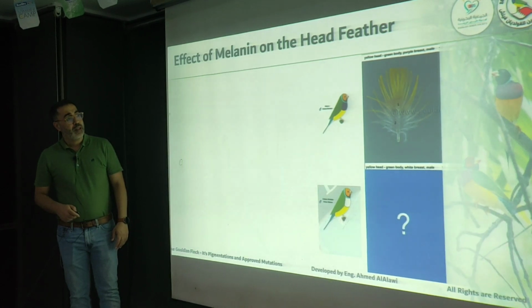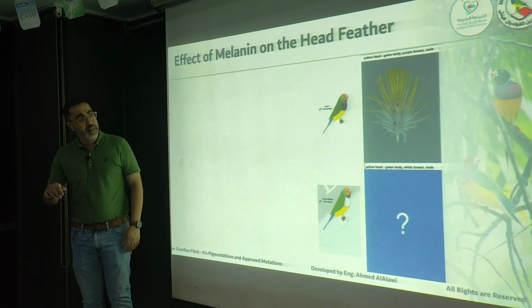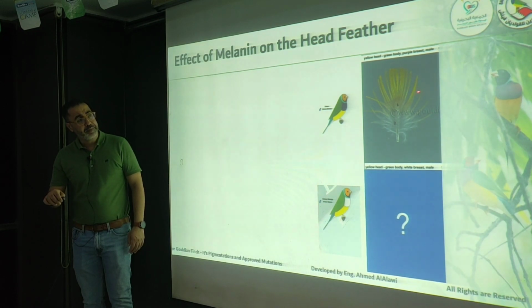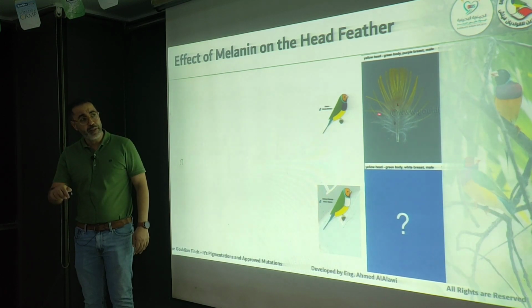So, continuing on the orange head example, this is a classic orange head male, and this is how the feather of the head looks. You could clearly see that there is quite a significant portion of the yellow or lutein when I have this type of feather accompanied with pheomelanin, right?